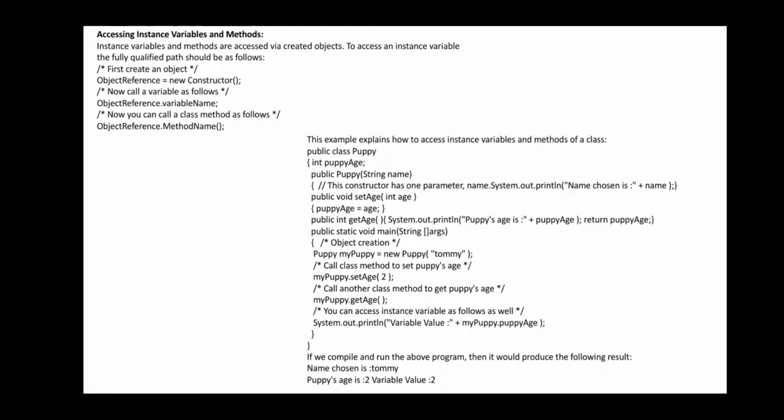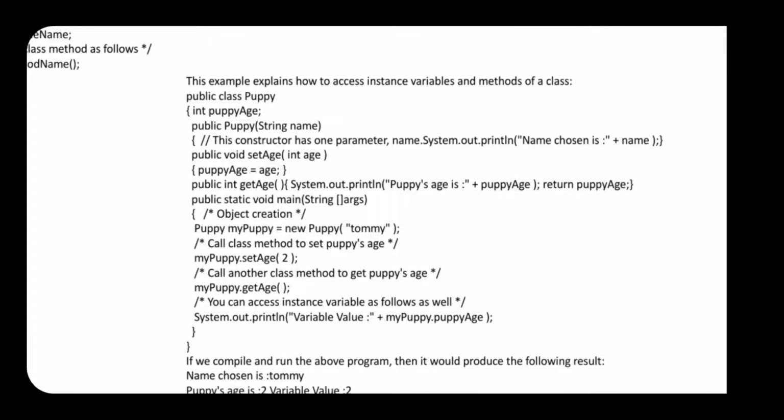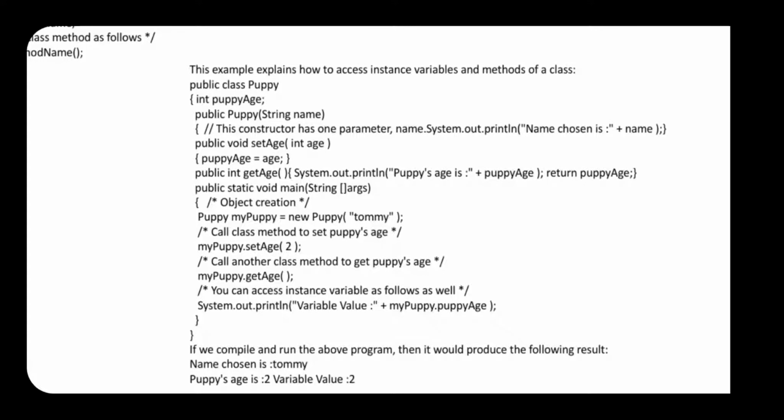Okay. So here you have been given a class called Puppy. Puppy is going to accept a string name. Puppy is nothing but a constructor defined within the class, which is going to accept an argument, so it is called a parameterized constructor.